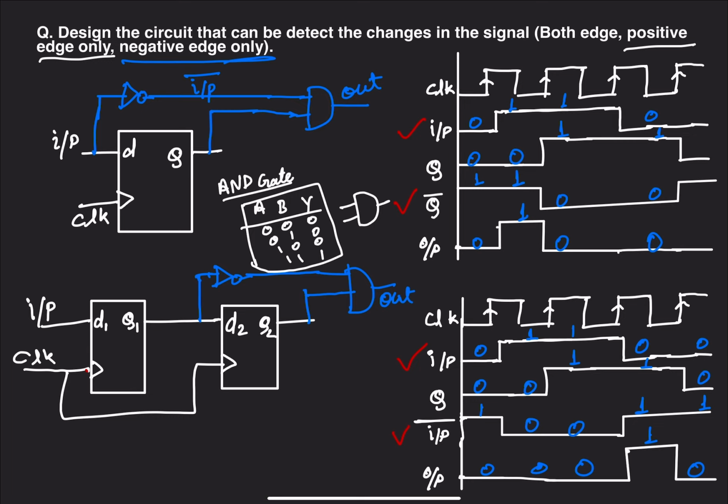So I think you understand the condition when we have to add an inverter with the Q and use the AND gate for the positive edge detection, and when we have to use an inverter on the input, followed by an AND gate for detection of the negative edge. I think you understand very well. Thank you.